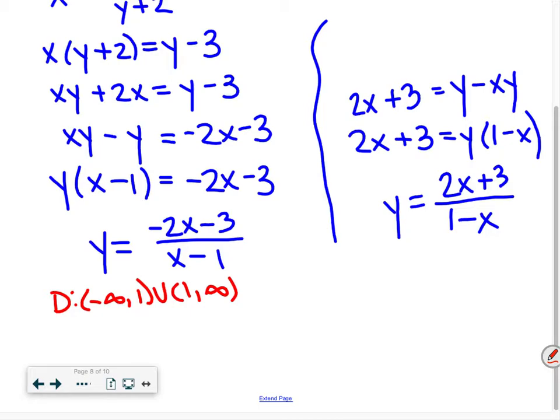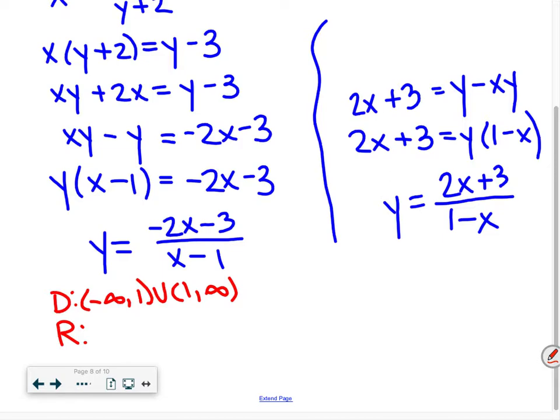Now, when we look at the range for this guy, think about it. For the range, what do we need to consider? Emily, what do you think?